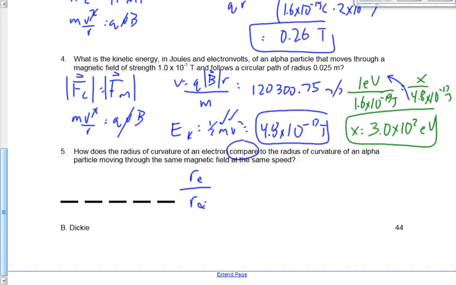If we go back to our equation, Fc is equal to Fm, and then rearrange that to solve for r, we get for the electron mv over qB, and for the alpha particle, we get mv over qB.